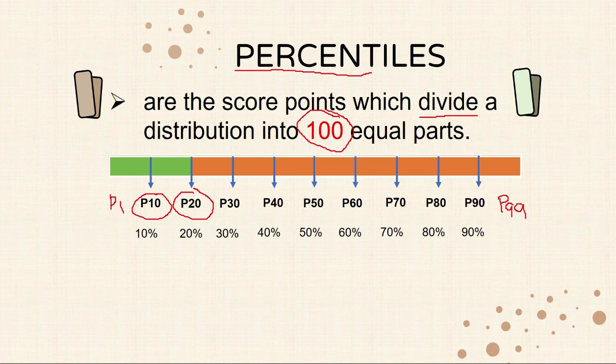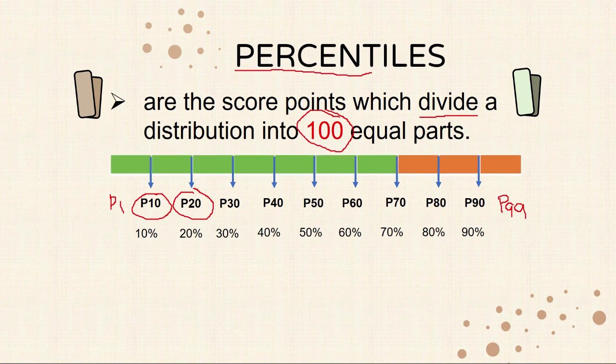Same with the P20. In P30, 30% of the data have values less than or equal to P30. And P40 is 40%, P50 is 50%, P60 is 60%, P70 is 70%, and P80 is 80%, while the P90 is 90% of the data have values less than or equal to P90.